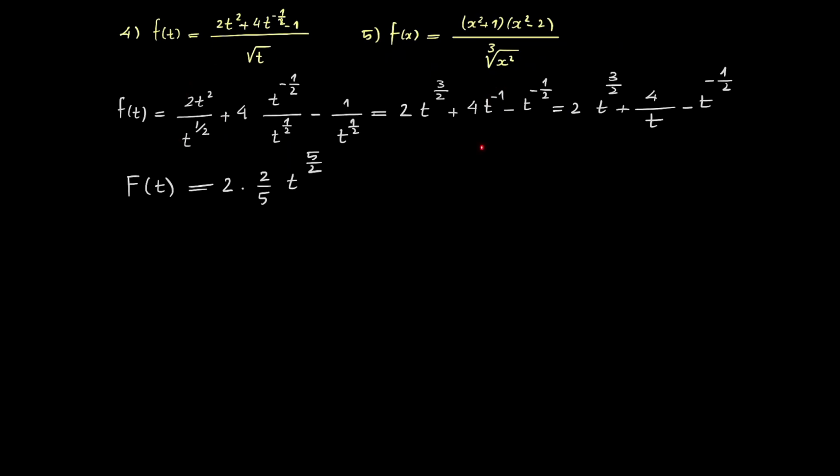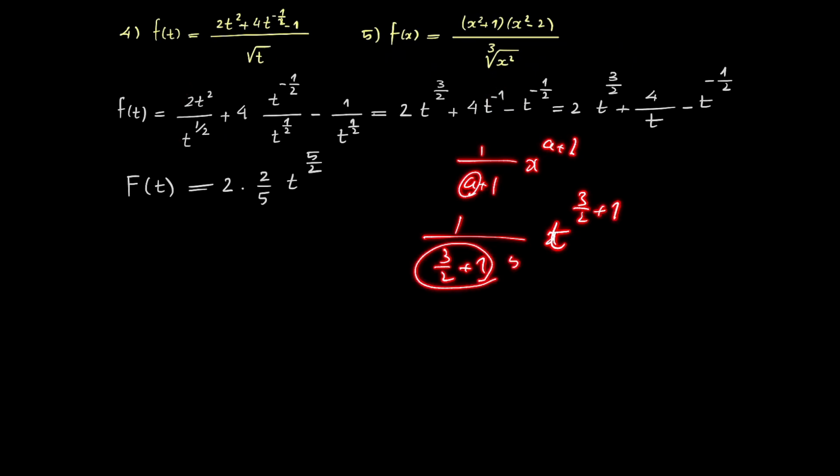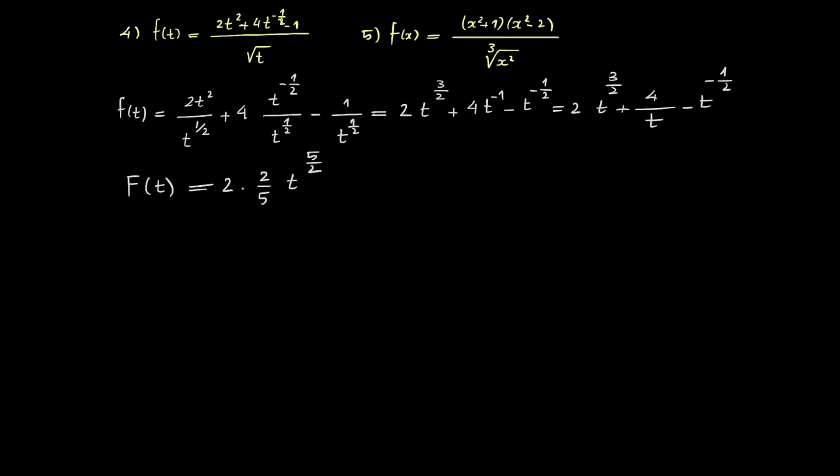So the formula is 1 over a plus 1, x to the power of a plus 1. A is 3 over 2, so it becomes 3 over 2 plus 1, t to the power of 3 over 2 plus 1. But 3 over 2 plus 1 is 5 over 2. 1 over 5 over 2 becomes 2 over 5. Yes. So try to do these things in your head.